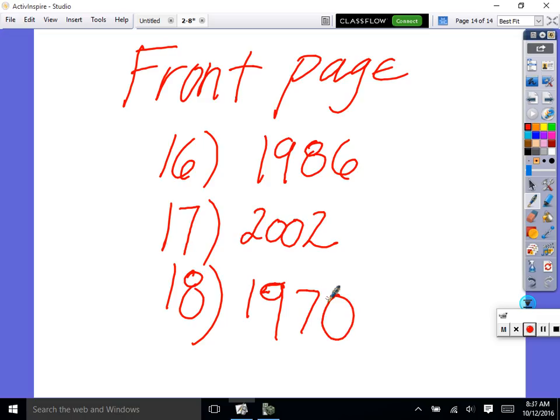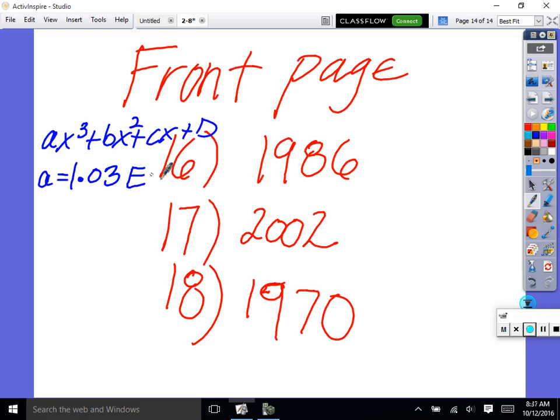Now, I do want to say one more thing, because I'll have to come back to this if I don't. Last hour, people were forgetting. If in your calculator you calculate a cubic, ax cubed plus bx squared plus cx plus d, and then it gives you a is 1.03 e to the negative 3.